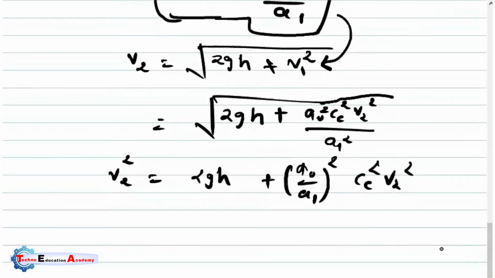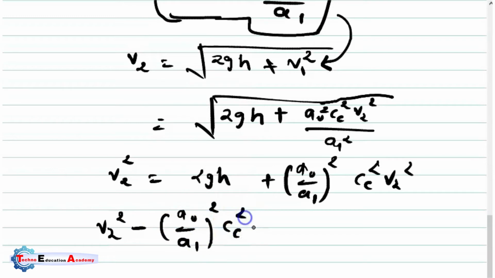Now further simplifying the equation, we can get V2 square minus (A0 by A1) square Cc square V2 square. Separate the similar terms: V2 on the right-hand side and 2gh on the left-hand side.